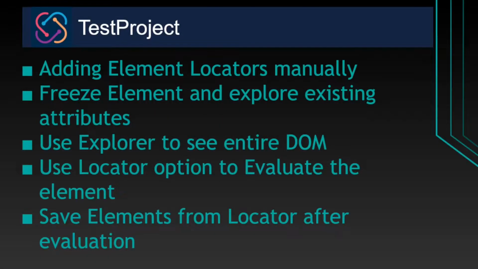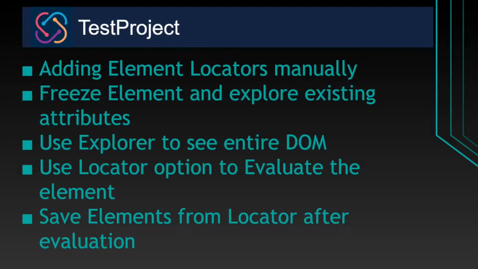So here is our agenda. Our first agenda item is how we can add element locators manually by using the TestProject automation tool. Also, how you can freeze the element while recording or while automating the test cases, and explore existing attributes on the current page.